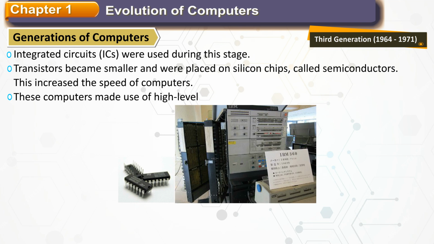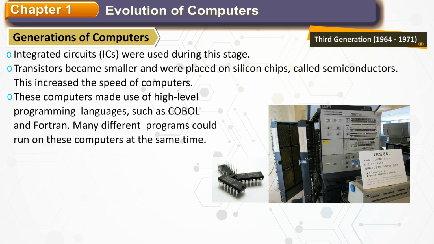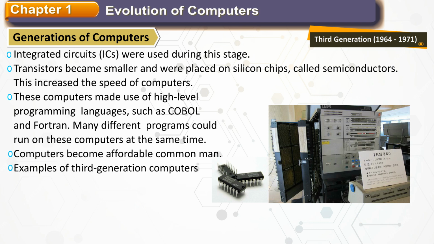These computers made use of high-level programming languages, such as COBOL and Fortran. Many different programs could run on these computers at the same time. Computers became affordable to the common man. Examples of third-generation computers are IBM 360 series and Honeywell 6000 series.